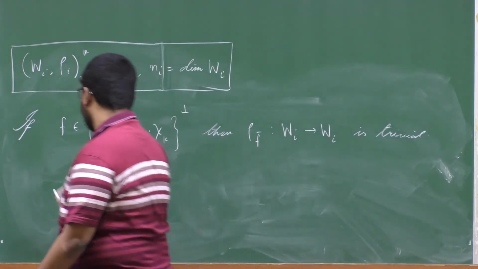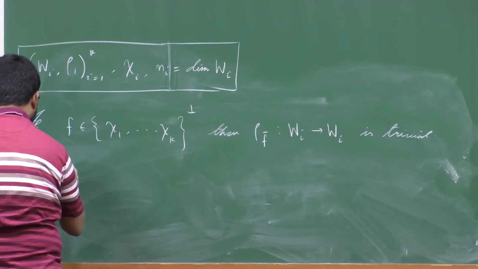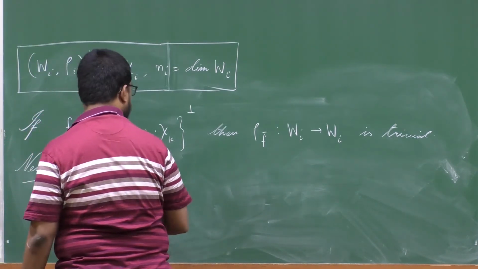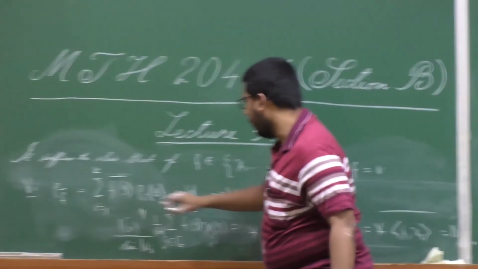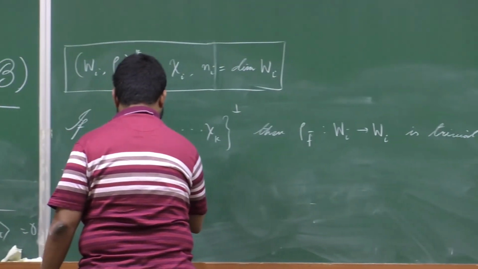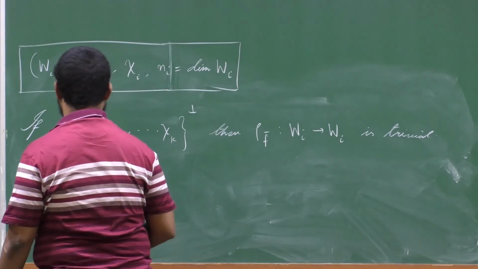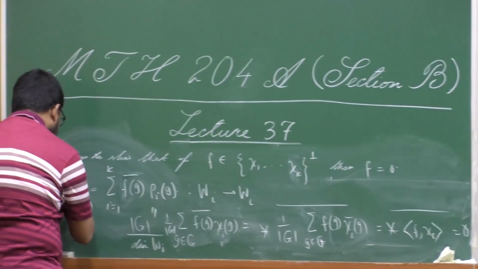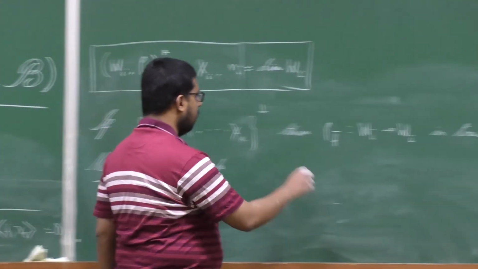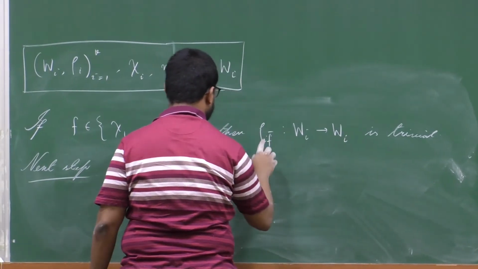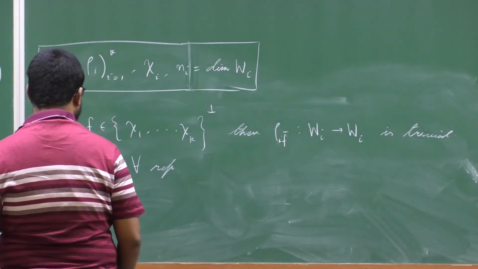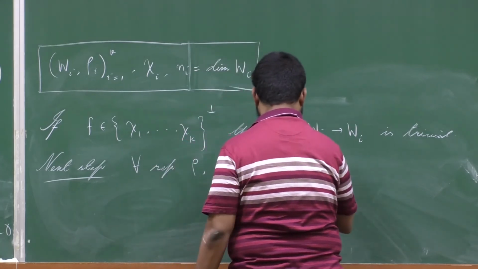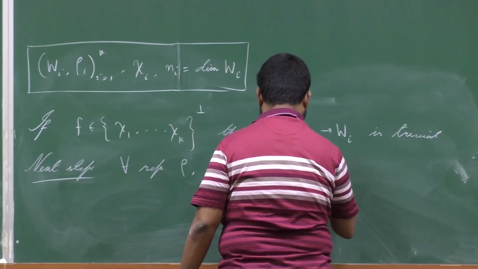The next step would be that for any representation rho, irrespective of irreducible or not, I should put some I here just to distinguish that it is coming from I. For any representation rho, this rho f will be trivial; this is what we are going to show next time.